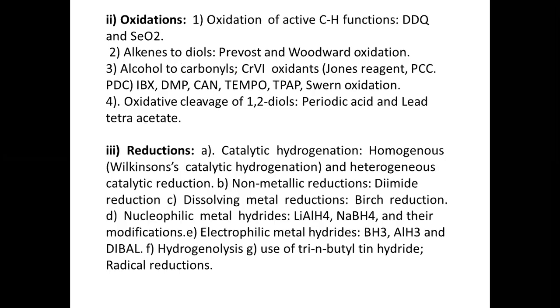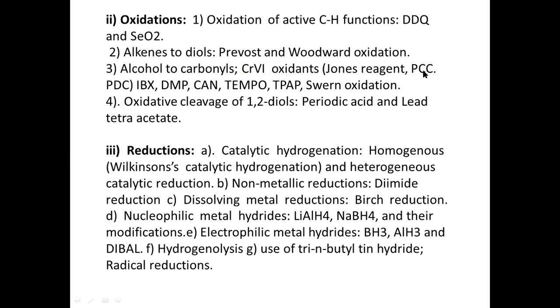Now, in our syllabus, we have oxidation of active CH functions by using DDQ, dichlorodicyanobenzoquinone, and selenium dioxide. Next, alkenes to diols conversion, that is Prevost and Woodward oxidation. Next, alcohols to carbonyls conversion with the usage of chromium 6 oxidants.